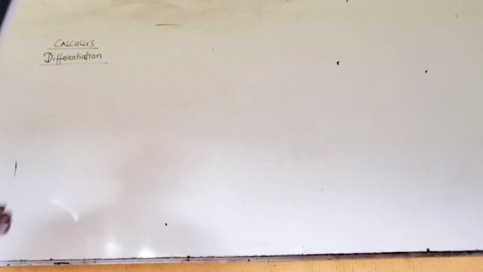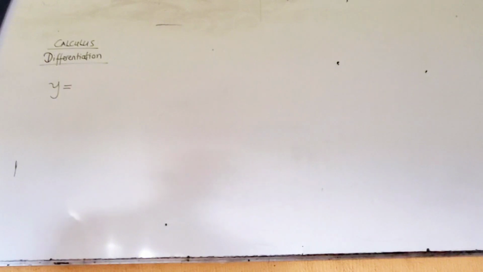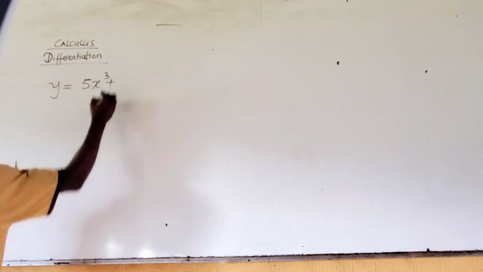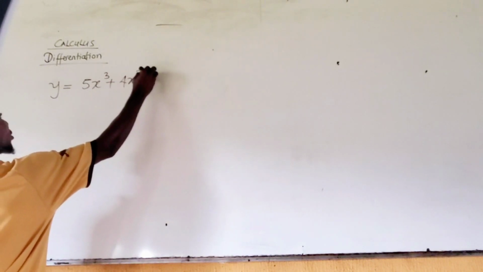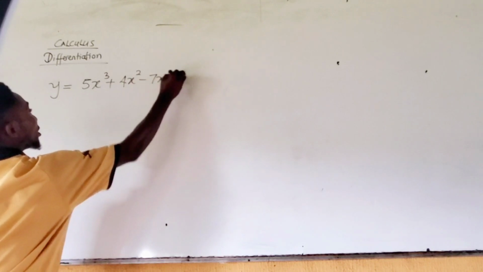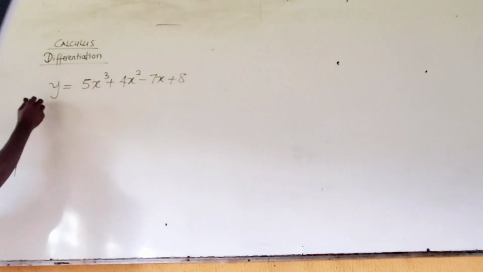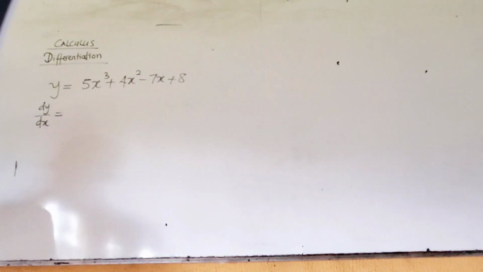Let's say you have y equal to 5x raised to power 3 plus 4x squared minus 7x plus 8. Differentiate y with respect to x.